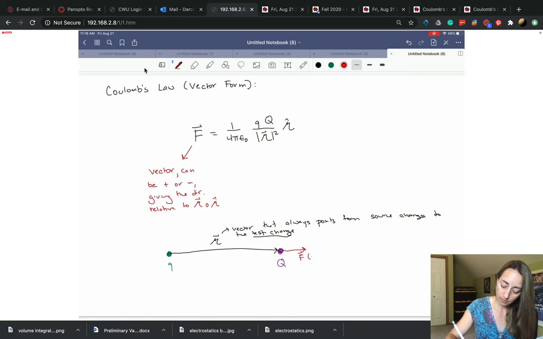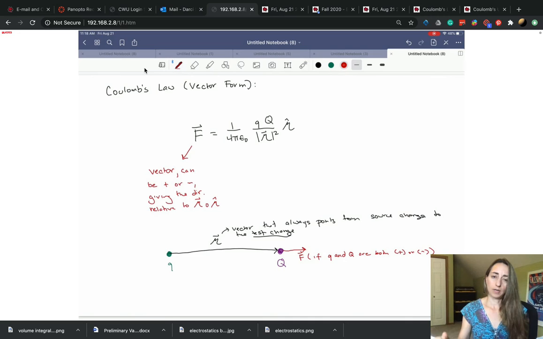This is assuming Q and q are both positive or negative. So R is our vector that always points from the source charge to the test charge.